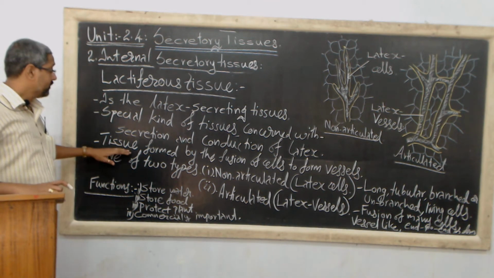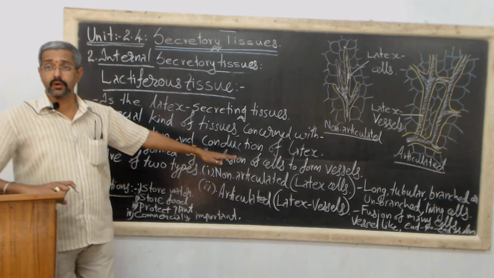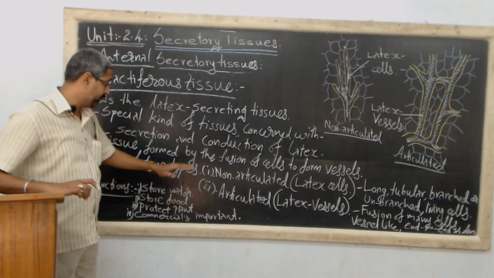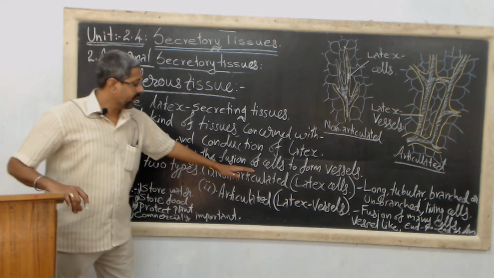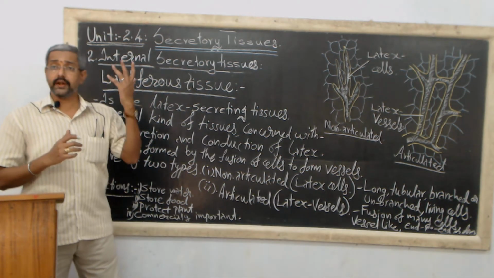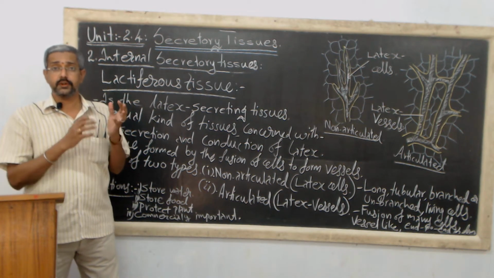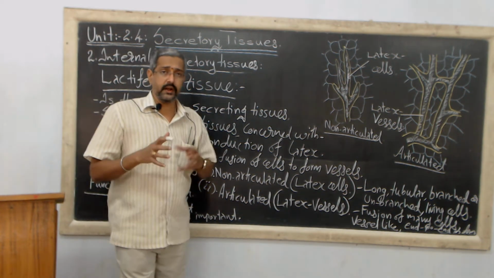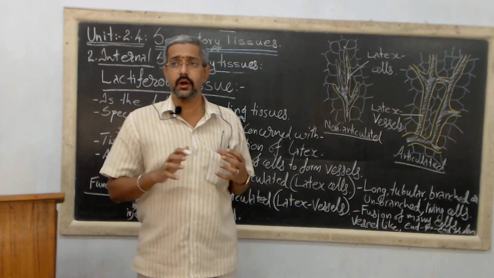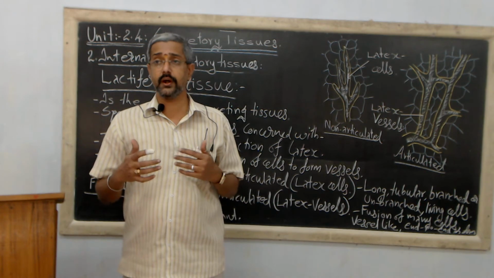Coming to how these tissues are formed: laticiferous tissues are formed by the fusion of cells to form a vessel. So, as in the previous case of external secretory tissue, you can see a group of cells organized in a particular fashion or manner which develops or differentiates as the secretory tissue.